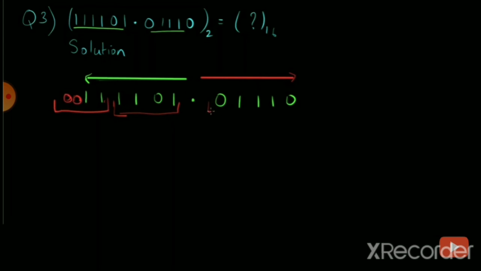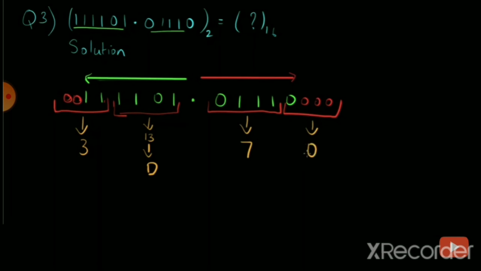For the fractional part, this would be our first pair and since there is only 1 zero remaining, we add 3 more zeros for pairing purpose, which makes this a second pair. Now we need to convert these pairs to individual hexadecimal values. We know 1101 corresponds to 13, which in hexadecimal is equivalent to D. 0011 corresponds to 3 in hexadecimal, 0111 corresponds to 7 in hexadecimal, and 4 zeros is equal to 0 in hexadecimal.